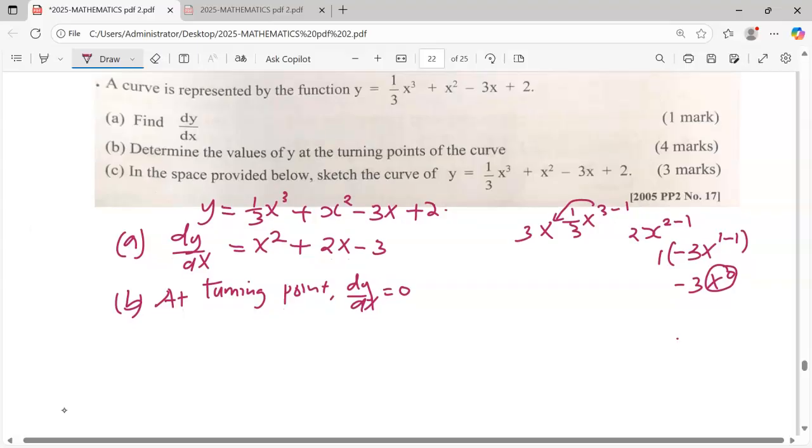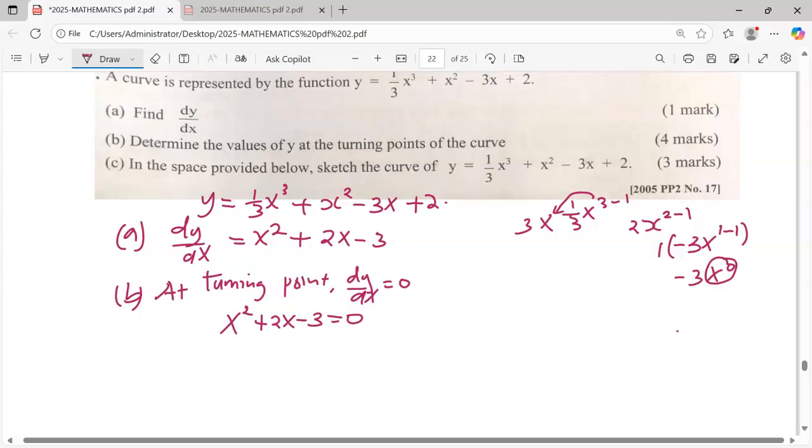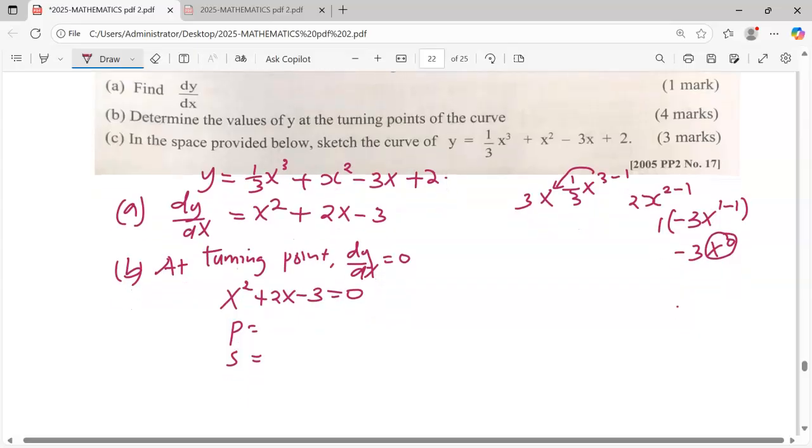So we are going to take the function x squared plus 2x minus 3 and equate to 0. We get a quadratic equation. Then using the product-sum factor method, we can get the values of x. That will help us to get the values of y.